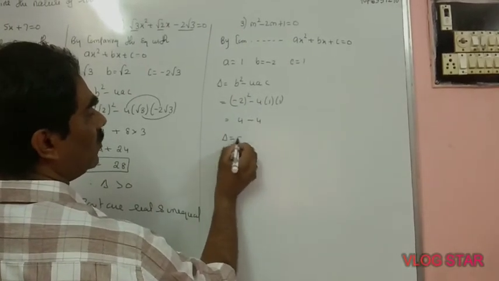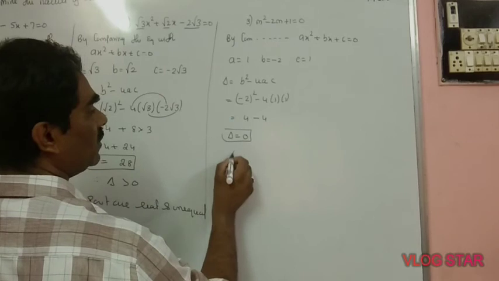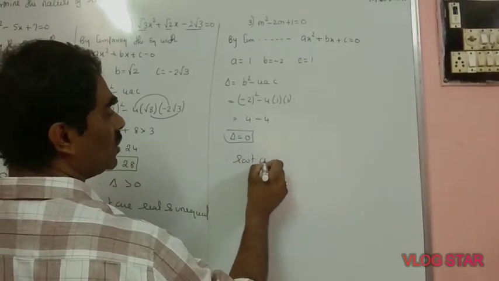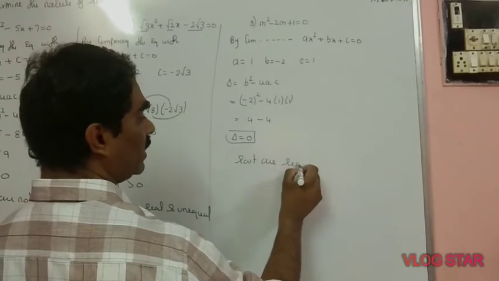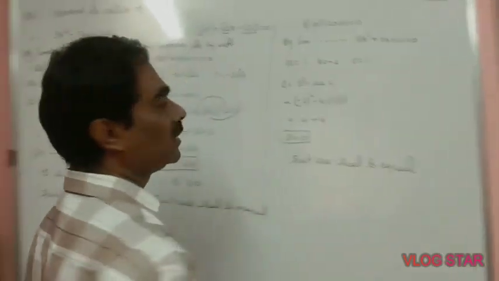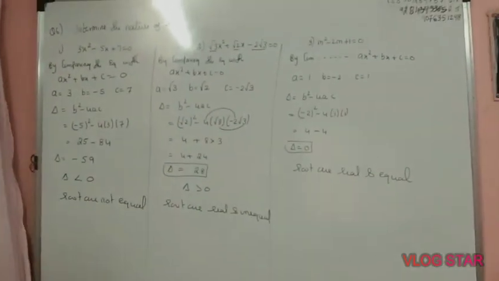So delta is equal to 0. Delta is 0. Therefore, roots are real and equal.